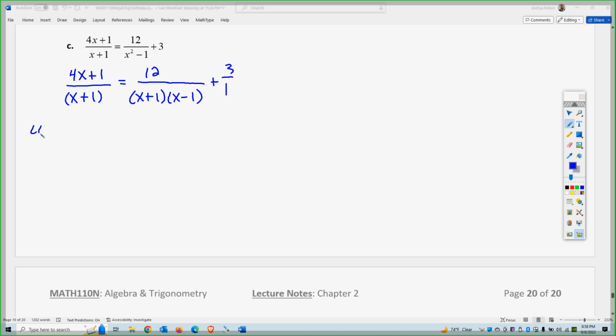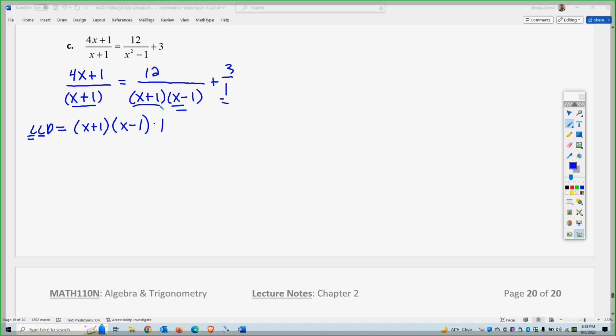So the lowest common denominator, what they have in common is an x plus 1. What's left over is an x minus 1, and a 1, right?